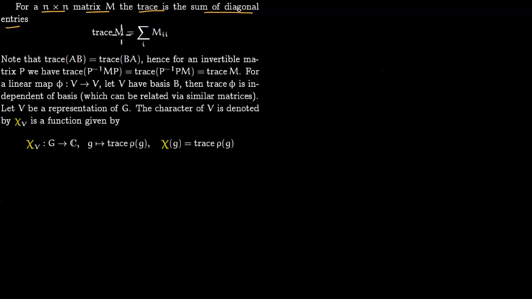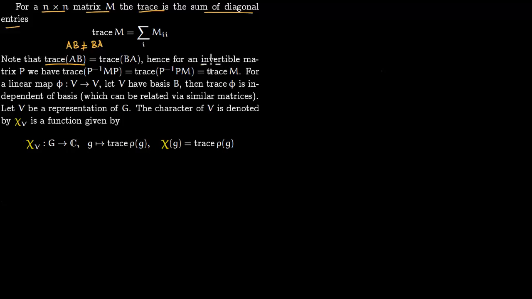One important property of the trace is that the trace of a product of two matrices, trace of AB, is equal to trace of BA. So matrices are not commutative, but their traces are commutative. Obviously AB in general is not equal to BA, but the traces are equal.